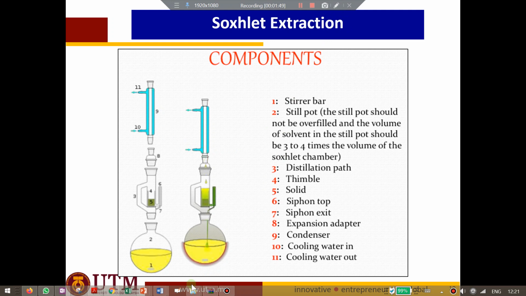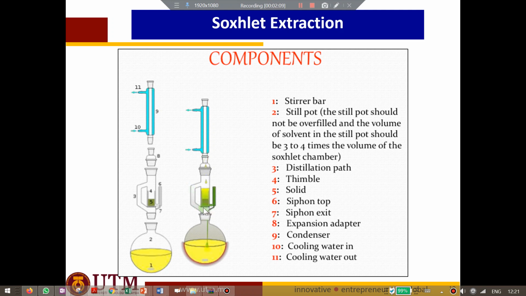So the process is like this. You apply heat at the distillation pot, and your solvent will boil, and some of it will turn into vapor. The vapor will go through this pathway.